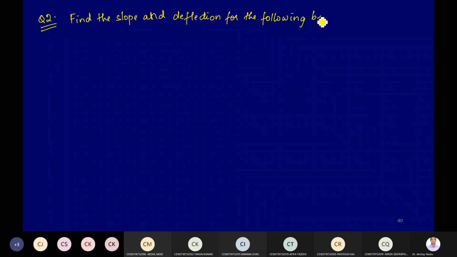Question 2. Find the slope and deflection for the following beam at the free end.